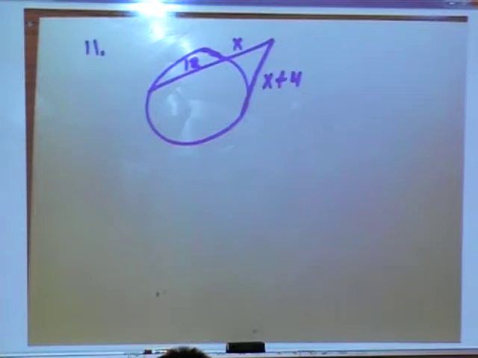What's this over here? Well, the whole secant is 12, or x plus 12. Oh, yes. X squared, but you've got to do it like this.